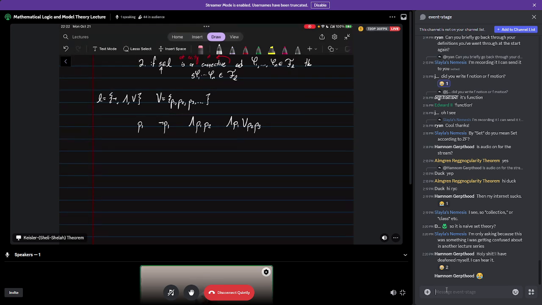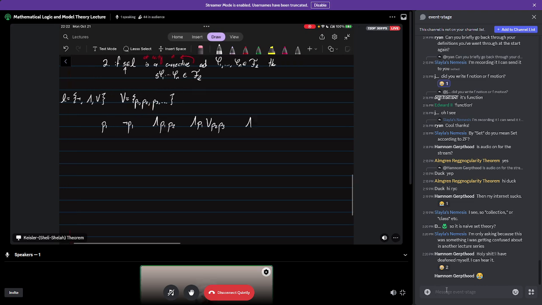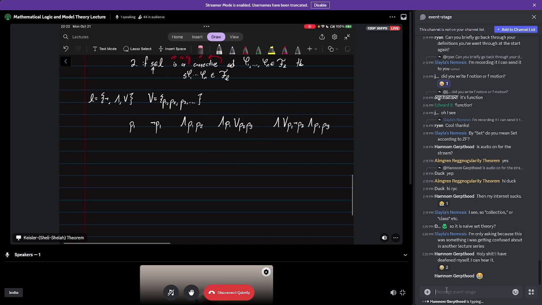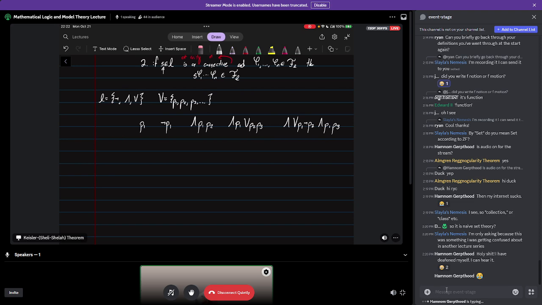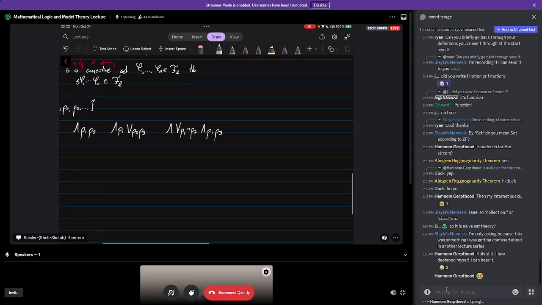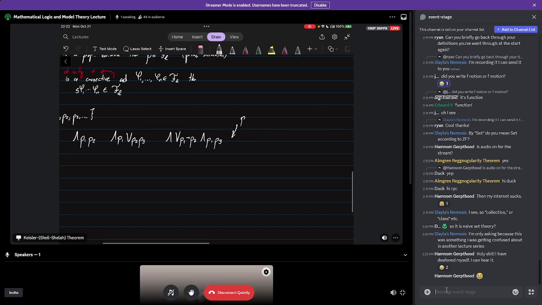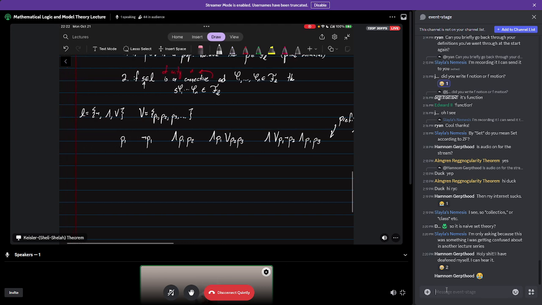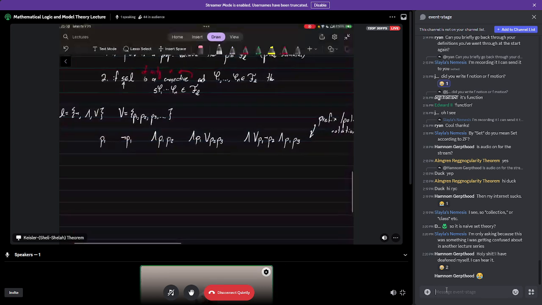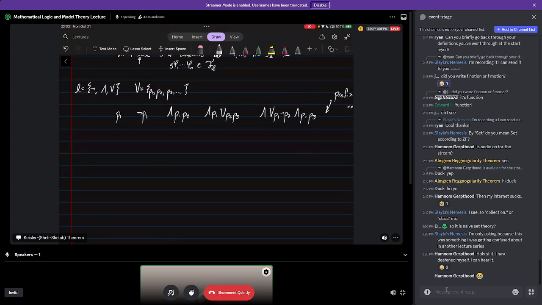I can get a little crazy: and or negation P2 and P1 P3. I can just throw things around and I have formulas. But these are obviously not very readable formulas, because what we're using here is called prefix or Polish notation, where our connectives are at the beginning. We're more used to infix notation, where our connectives are in the middle.